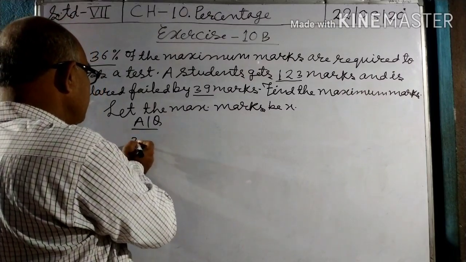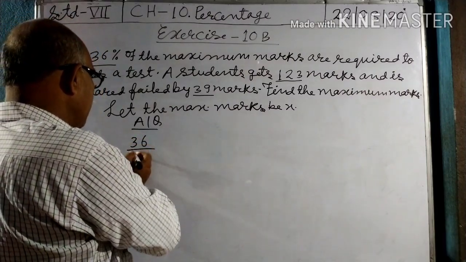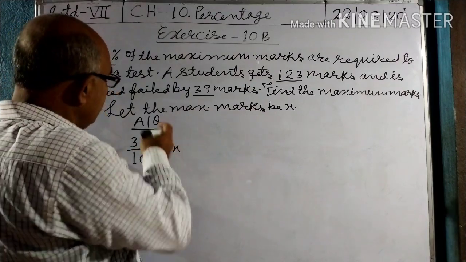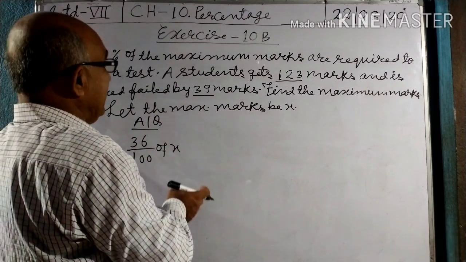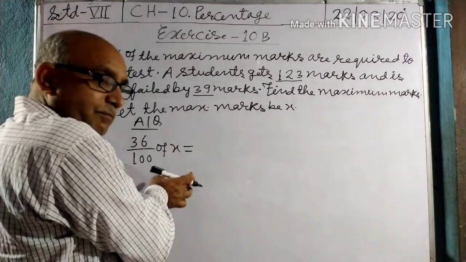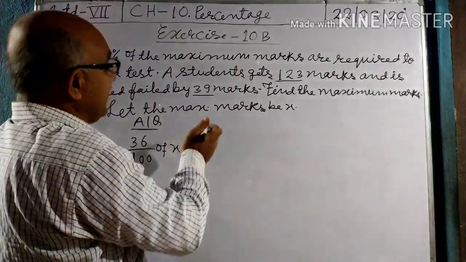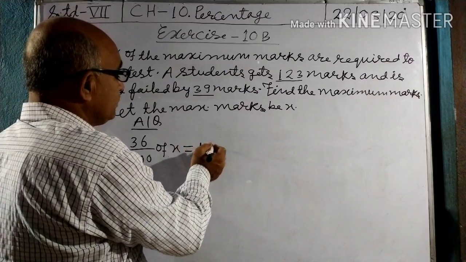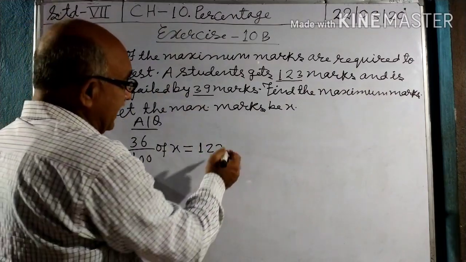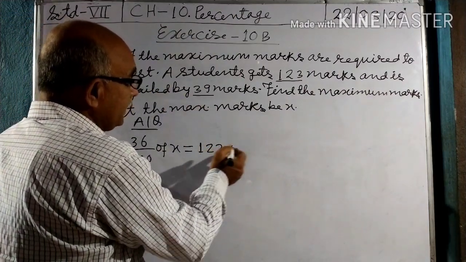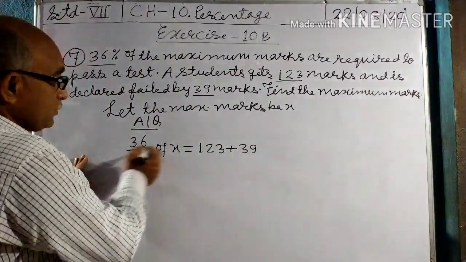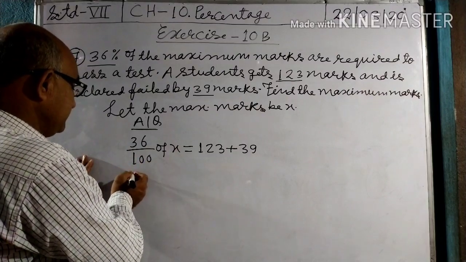So 36% means 36 by 100 of x, 36 by 100 of x is the pass marks, and a student gets 123 marks and is declared fail by 39 marks. So 123 plus 39 is also the pass mark. So both are same.